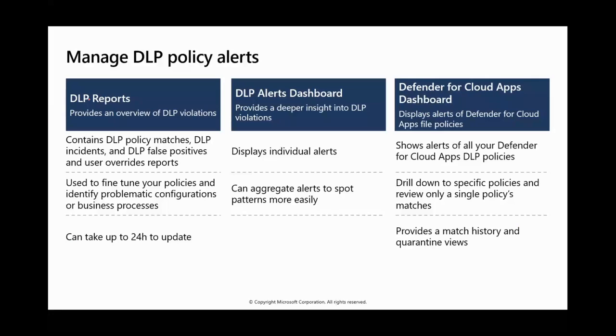For example, we can choose the DLP reports. This is going to provide an overview of all the DLP violations. It contains data loss prevention policy matches, and also shows us the DLP incidents, the DLP false positives, and overrides reports.